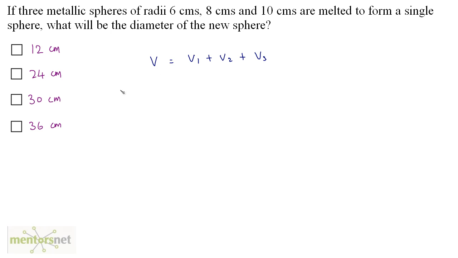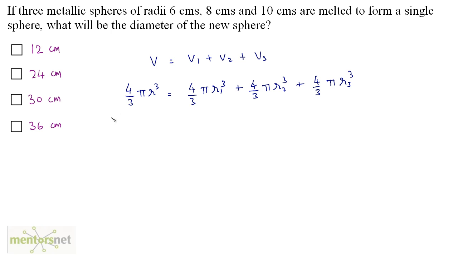So the volume of this big sphere is equal to 4/3 pi r cube. Radius is r. Right? So this is equal to 4/3 pi r1 cube plus 4/3 pi r2 cube plus 4/3 pi r3 cube. Right?